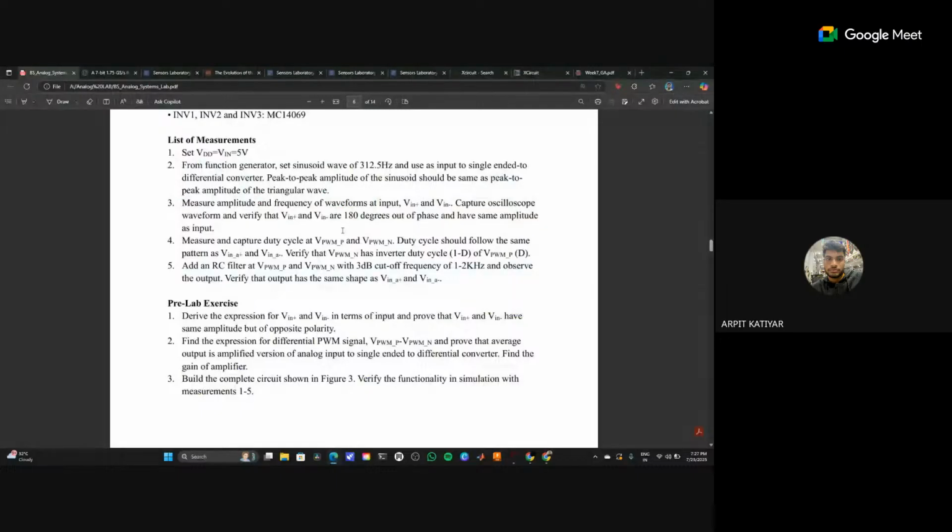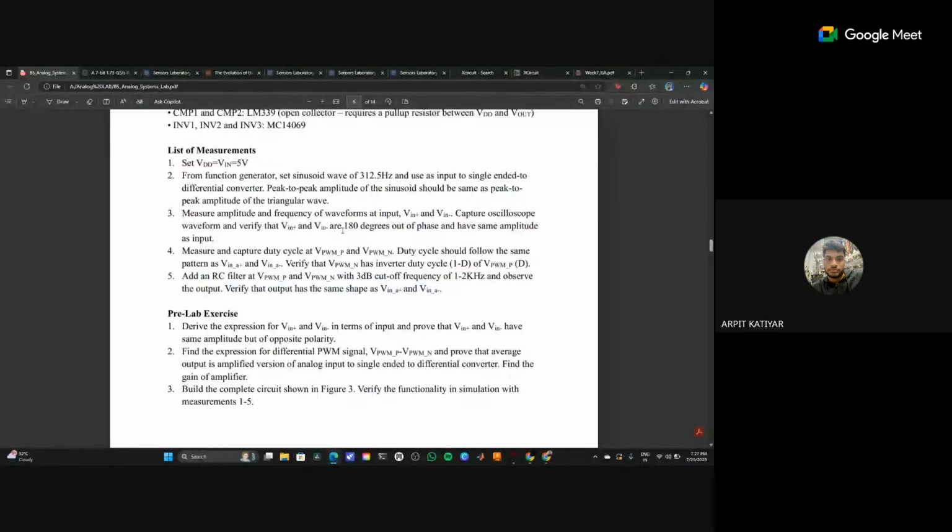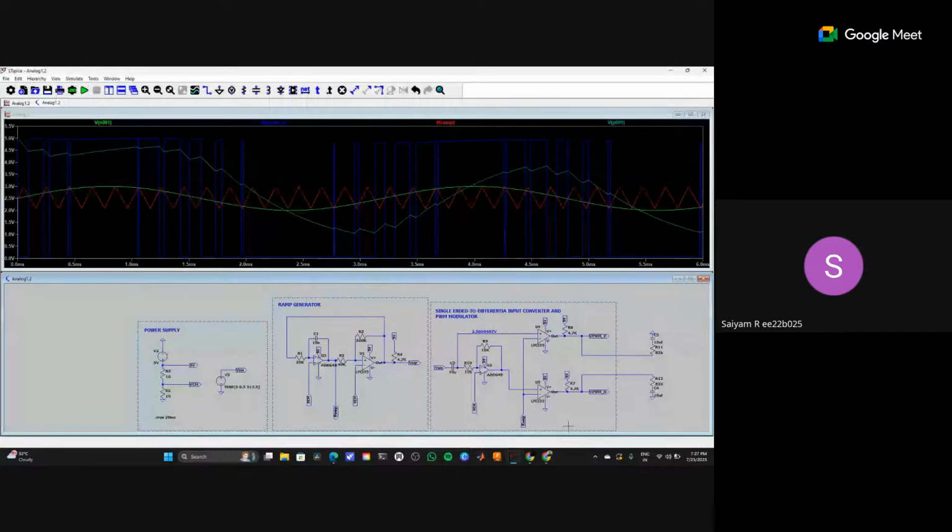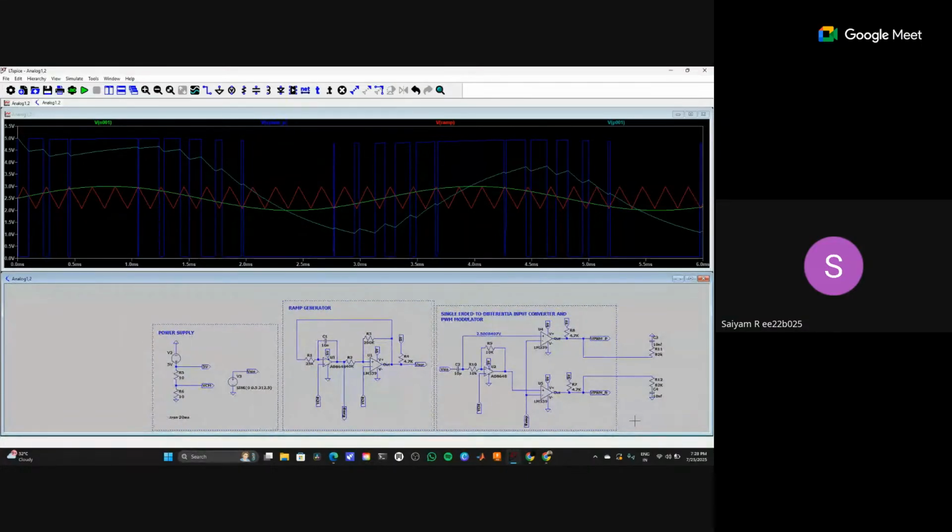Yeah, actually here in the inputs it is mentioned. 82 kilo ohms and 10 nano.